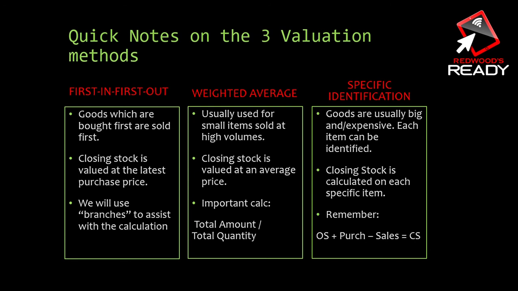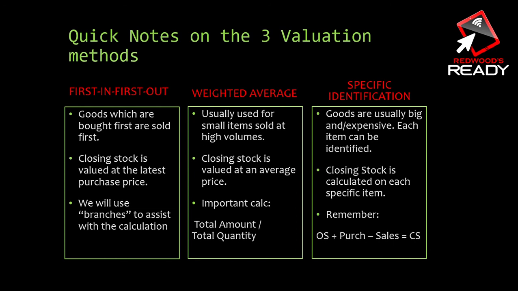In specific identification, goods are usually big and or expensive. Each item can be identified. So in the video I posted, the lady said that maybe a store selling surfboards would use this system.